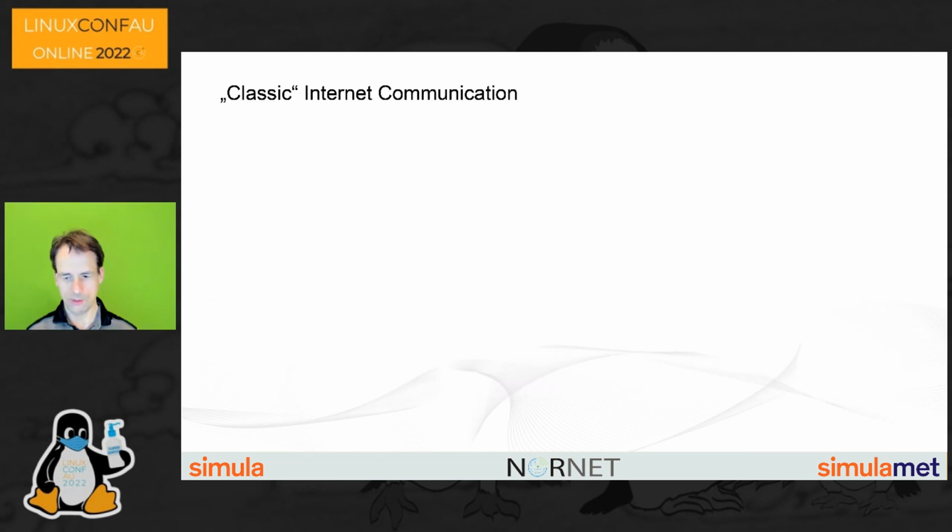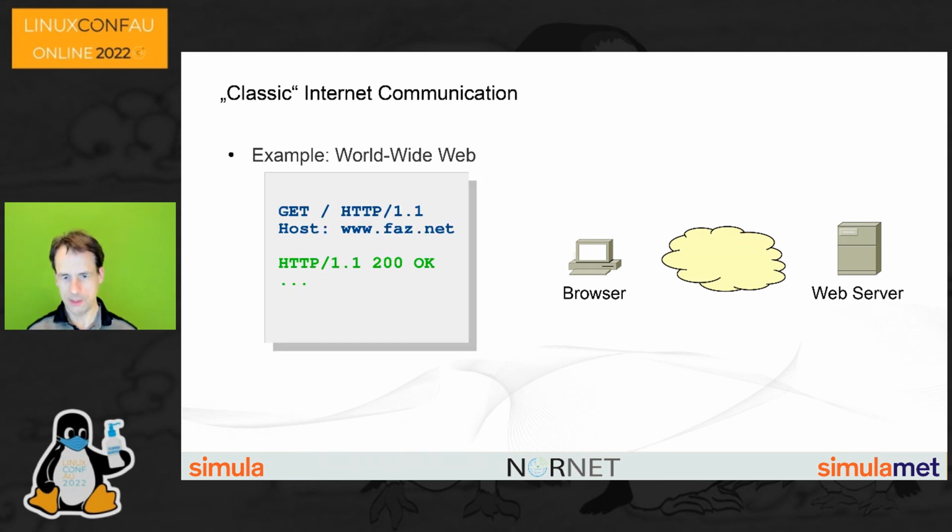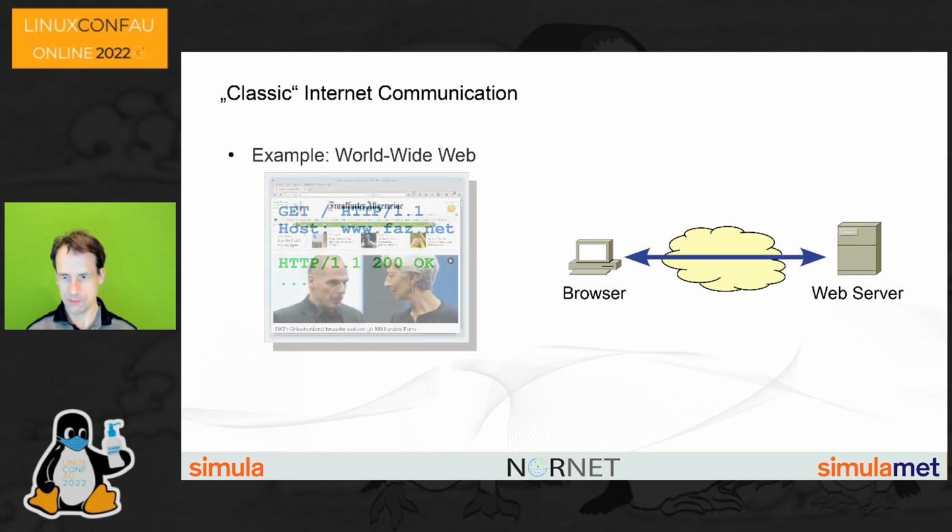Well, let us look first at classic internet communication in the most basic, probably example, web browsing. When you use web browsing, well, you have a PC with a web browser having an IPv4 address. This browser connects to a web server, which also has an IPv4 address.